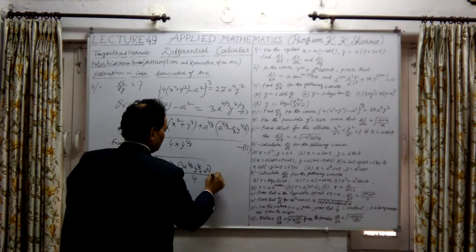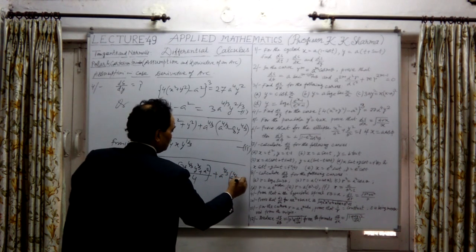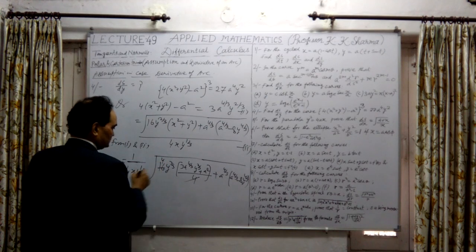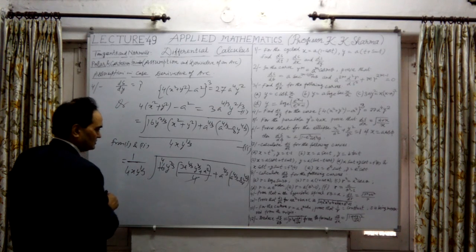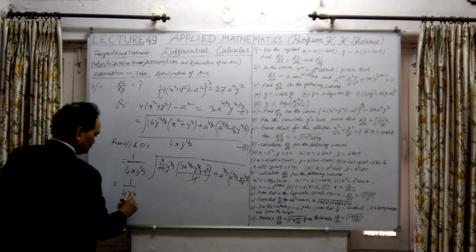Okay, plus under square root is a raised power 4 by 3 into a raised power 4 by 3 minus 8 y raised power 4 by 3 only. So this 4 for the 16, 4 cancelled out. So multiply this 4 can give us something. So let me check whether something is cancelled out.